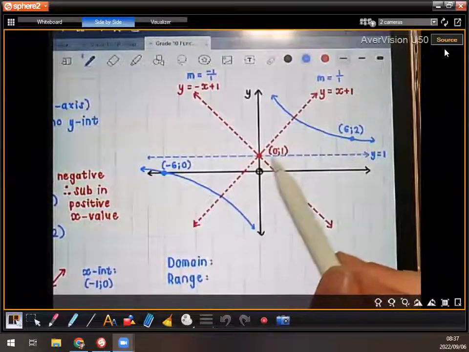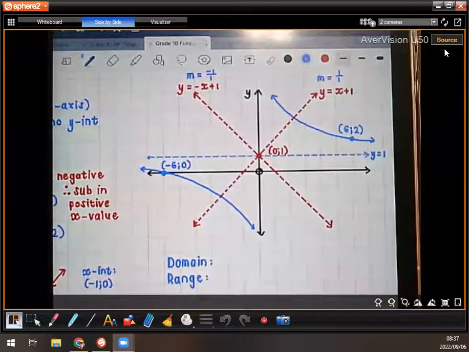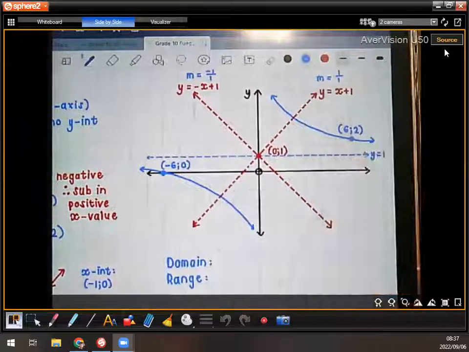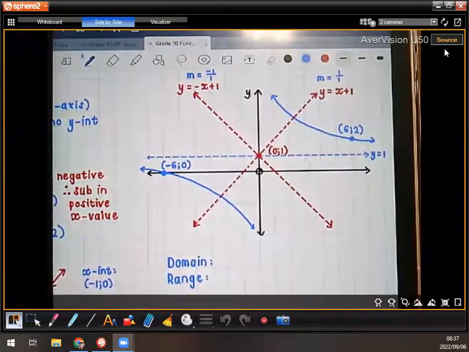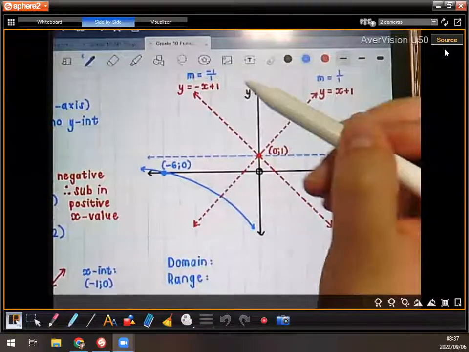But where does this graph not exist? At which x value can I not find a value for this graph? Yeah, at x equals 0. Alright, so guys, this graph exists everywhere except for where x is 0.